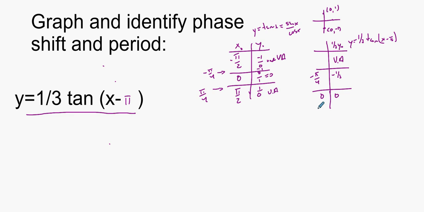Pi over 4, we know, is going to equal 1, so that becomes 1/3 because it's 1/3 as big. And then pi over 2 is going to be our other vertical asymptote. So you can add some different values here, and this is our negative pi over 2.